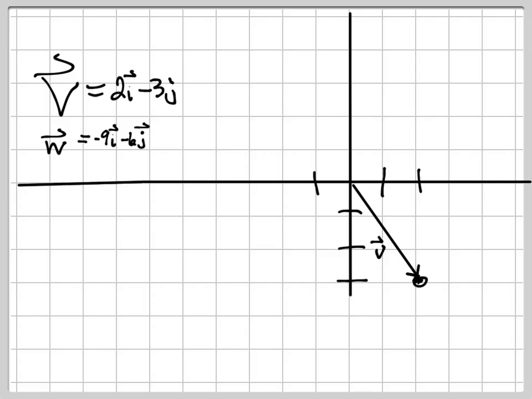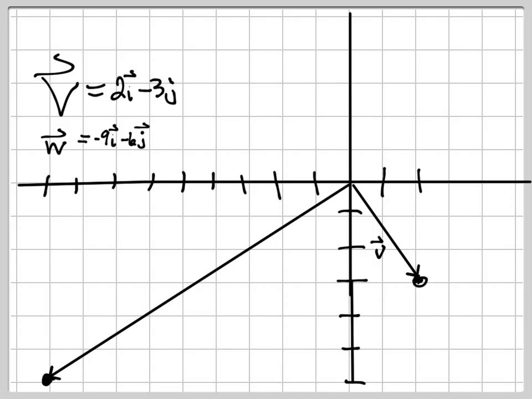Let's see if I did enough. 1, 2, 3, 4, 5, 6, 7, 8, 9, I did. And then down 6, barely, over here. I think this puts me right here. And the vector would look like, wow, that didn't work at all. Let's try again. That's not bad. This.